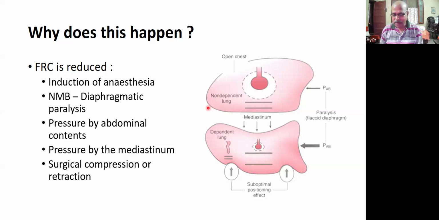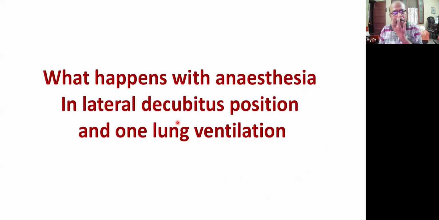The patient is getting desaturated. Almost everybody has done that. Plus suboptimal positioning: you can see, due to the positioning and the supports here, the dependent lung gets compressed. So all these factors reduce the FRC of the dependent lung.